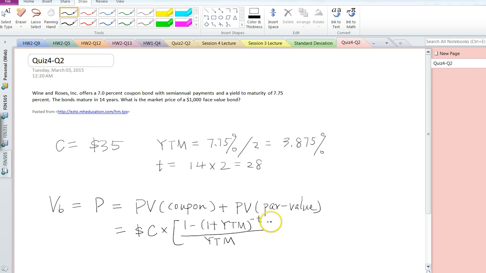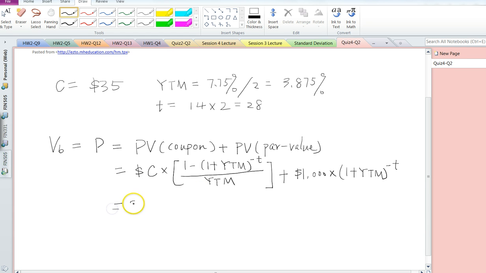So that's the present value of the coupon part, and then the present value of the par value. That's the par value, in general $1,000, times 1 plus the discount rate raised to the power of negative t. That's one single cash flow, so we can use the present value of a single cash flow formula to figure this out.